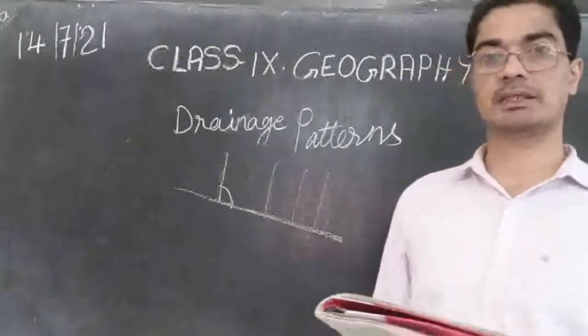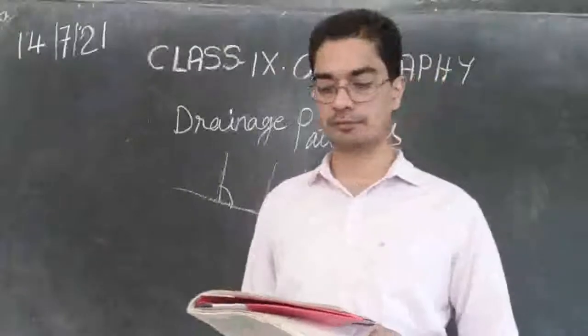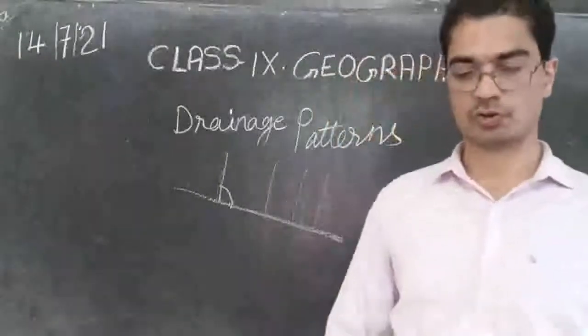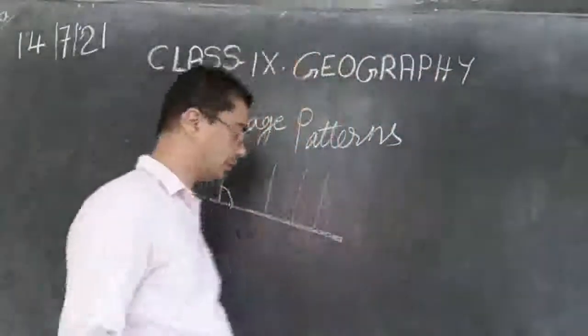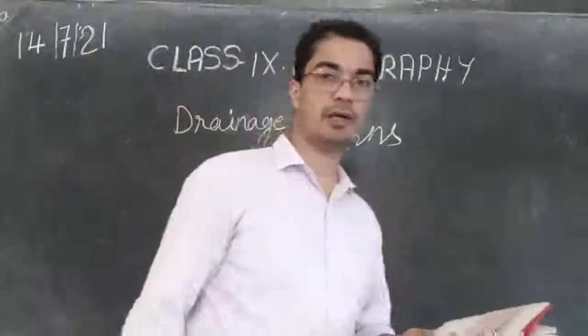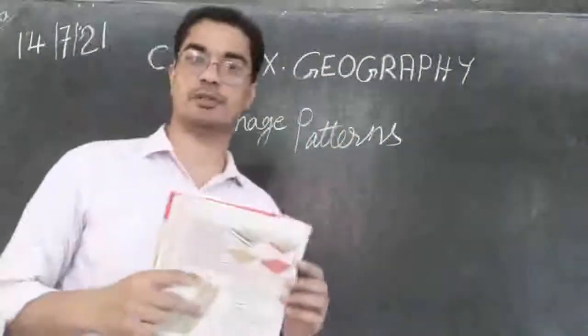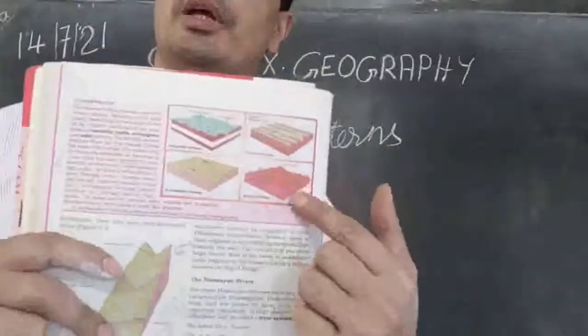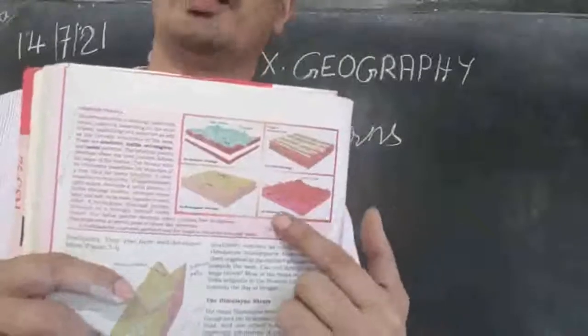And the fourth one is the radial type of pattern. That is very easy. The radial pattern, we can see in your picture, is a small hill with all the surroundings being plain area.